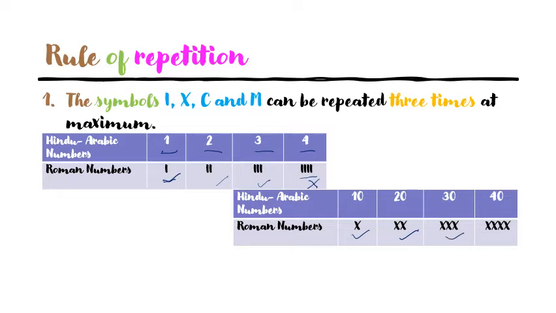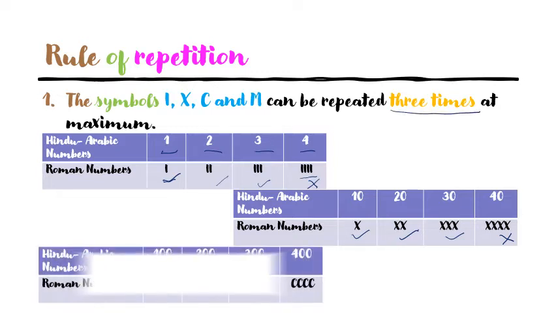That is 10 plus 10 plus 10 equals X plus X plus X. But to represent 40, the letter X is written 4 times. Is it correct? No, it is incorrect because a letter cannot be repeated more than 3 times.